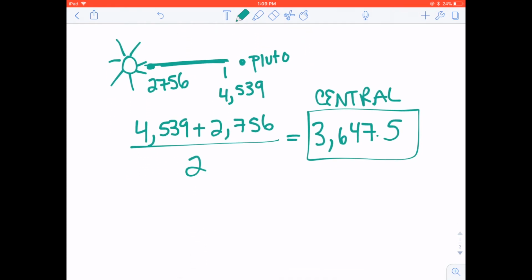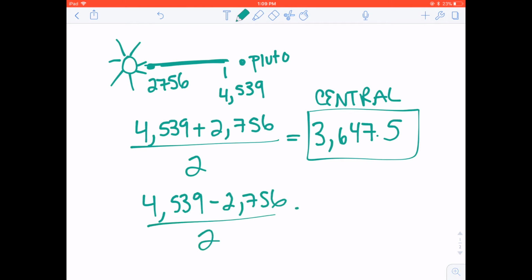And then we have to find our range. So in this case, our range is just going to be 4,539 subtracted from 2,756, divided by 2, because that's going to give us our range. Okay, which is about 891.5.